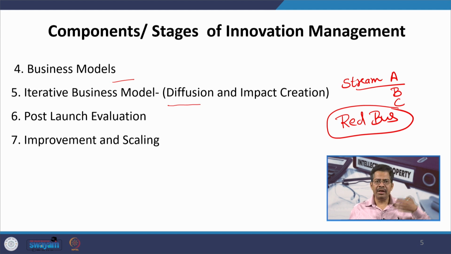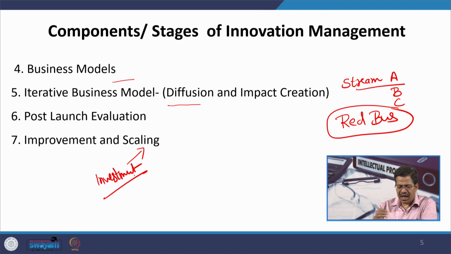They thought of a different source of revenue. Later on they realized that this source of revenue is not the appropriate source of revenue. They changed their entire business model, and then even after going to the market, launching your products, innovations, you need to do post launch evaluation, and then you do improvements and scaling by inviting the investment.